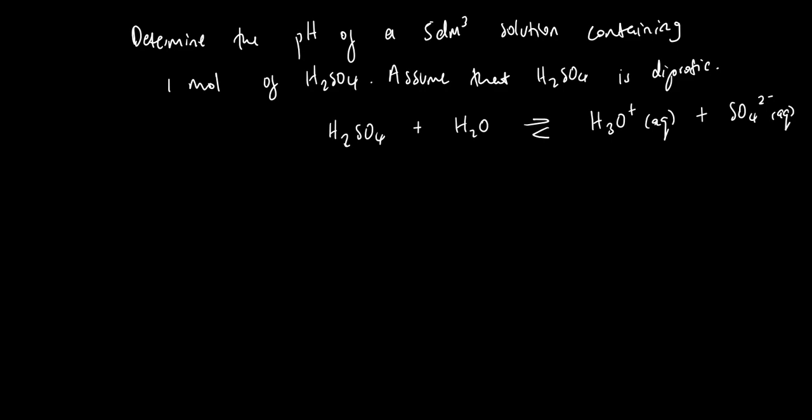So you might want to put a 2 here so that you have 6 hydrogens. If you have 6, that's a problem, because here you said you have 4. So you put a 2 here so that you have 4 plus 2, which is 6. Then the SO4 is okay. It's SO4 here, and here it's also SO4. So it's balanced. This is how you balance it. So now you will be able to get the pH of sulfuric acid.